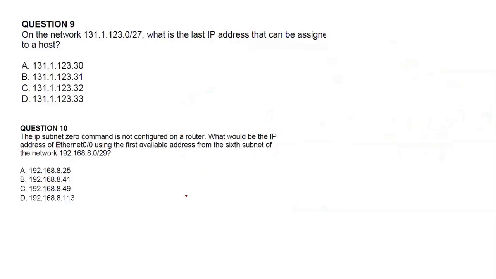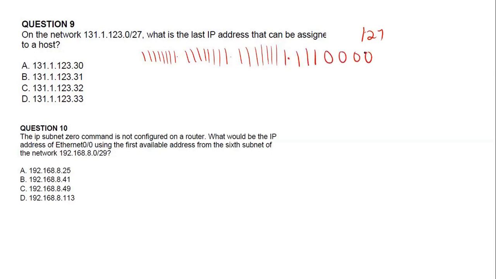Then I think there was another question. This one is looking at a network with /27. Remember when they say /27, we are counting the bits: 1, 2, 3, up to 27, and then 28 to 32. Remember IP version 4 has 32 bits.